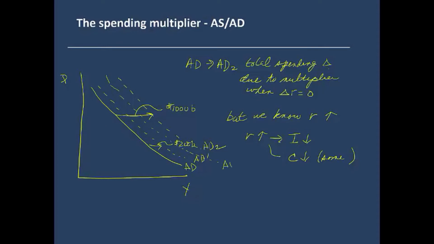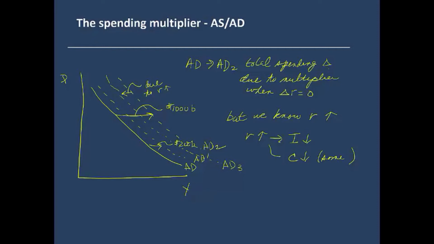So we end up here at aggregate demand 3. That decline right there, we don't have a way without more information of saying how big of a dampening that's going to be. But this is due to the interest rate rise.